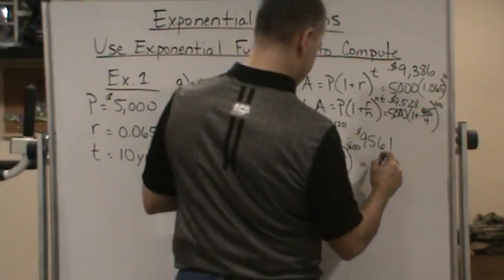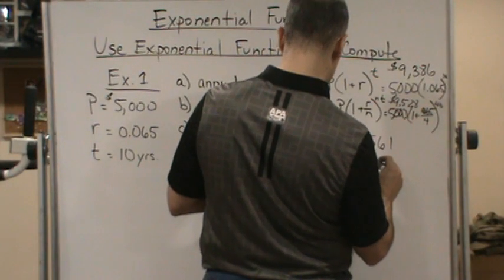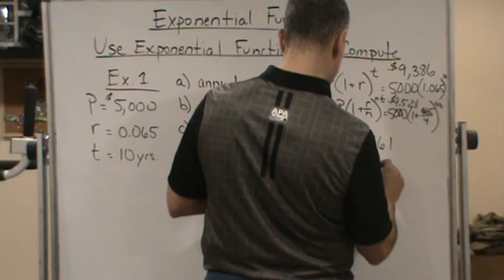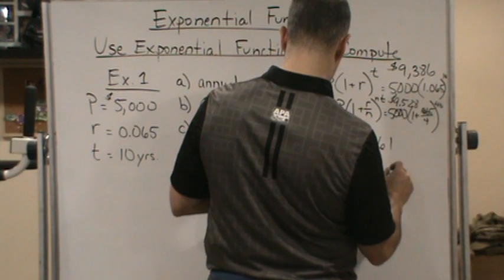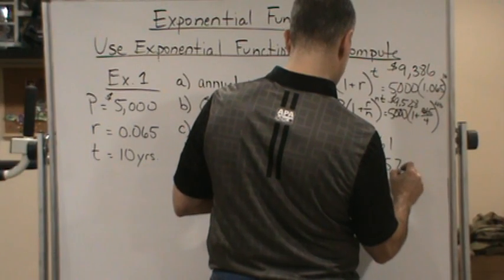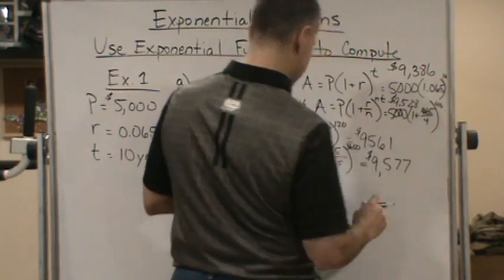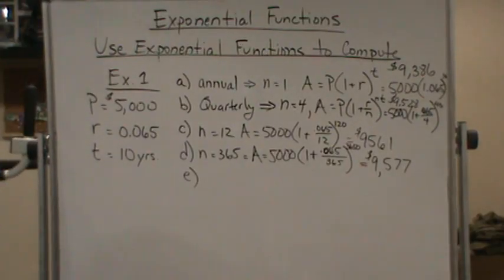Now, if it's compounded daily, the amount that I end up having after 10 years is $9,577.